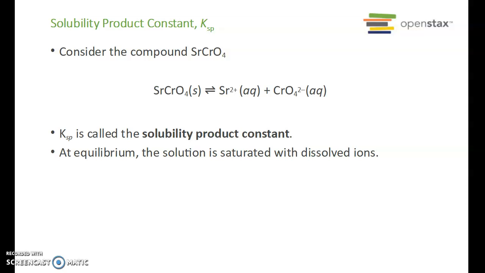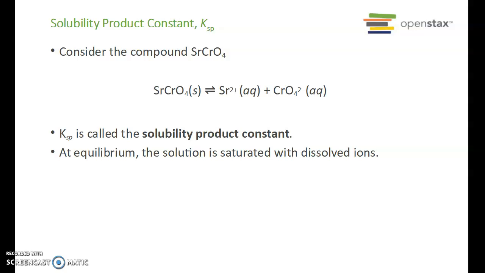So this is strontium chromate. Strontium chromate also is slightly soluble, and it gives a strontium ion plus a chromate ion. The Ksp is called a solubility product constant.